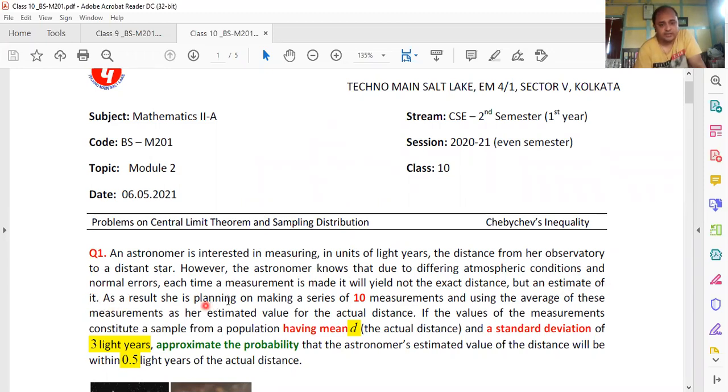As a result, she is planning on making a series of 10 measurements and using the average of these measurements as her estimated value for the actual distance.